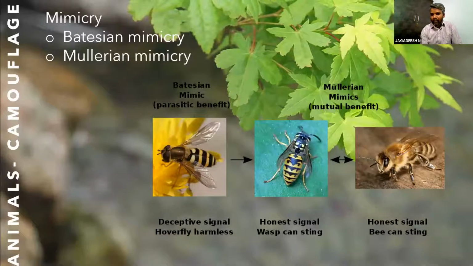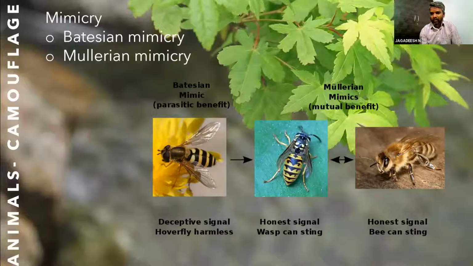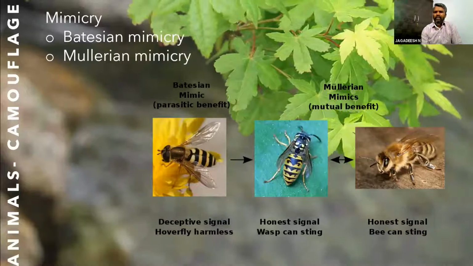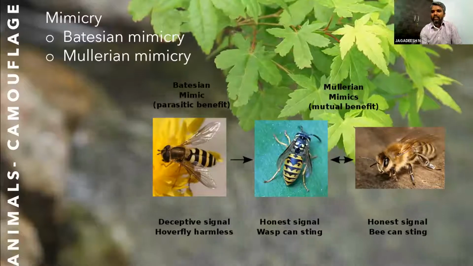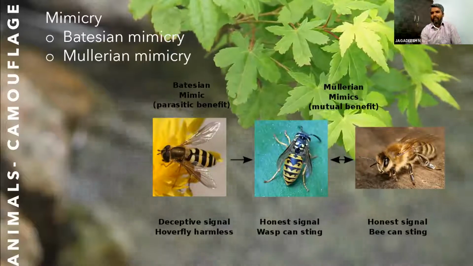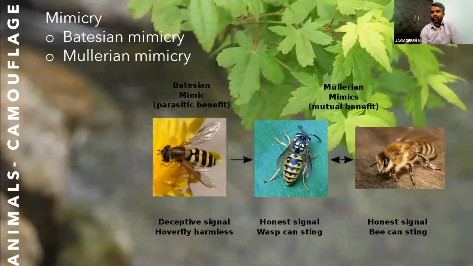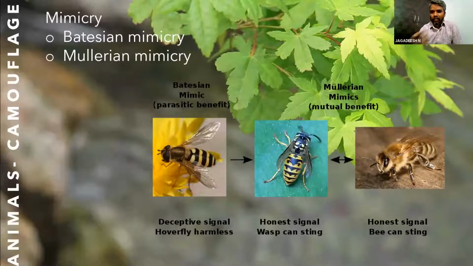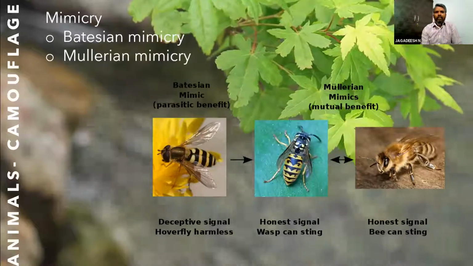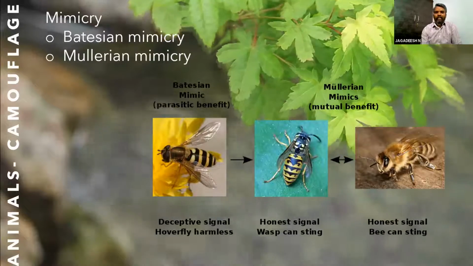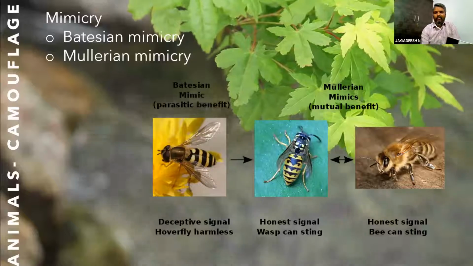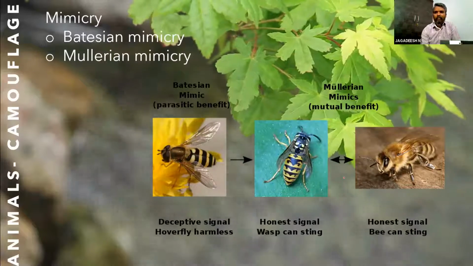They form like leaves or twigs, so that the predator cannot distinguish between the environment and different types of objects. So one type of mimicking is Batesian mimicking, and in these pictures you can see the examples here.